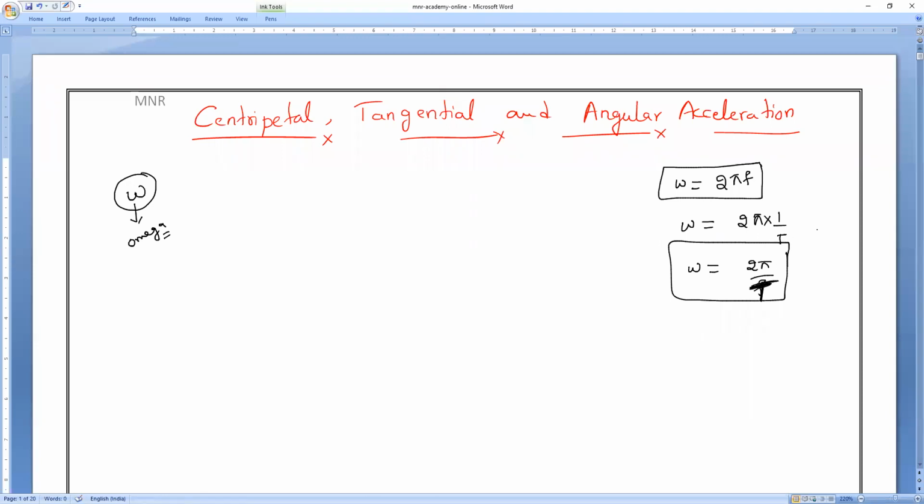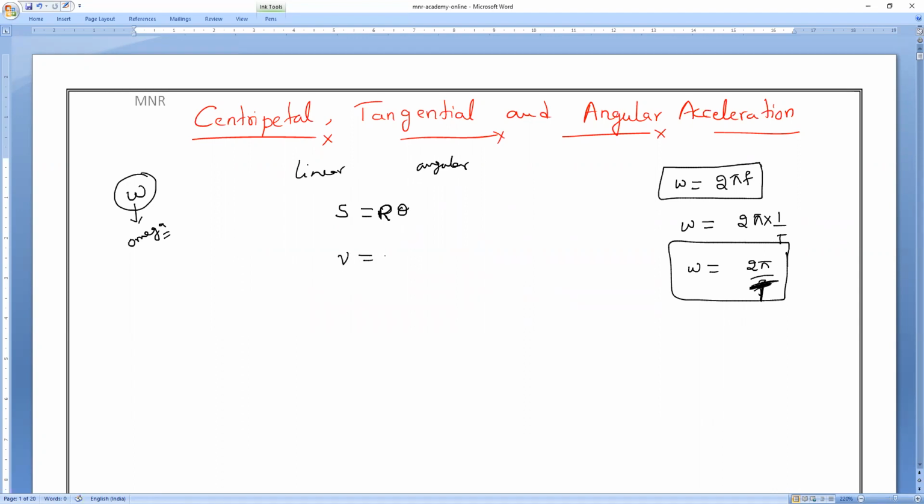So what are we going to study in today's class? We already know we have derived that linear displacement is equal to radius into angular displacement.